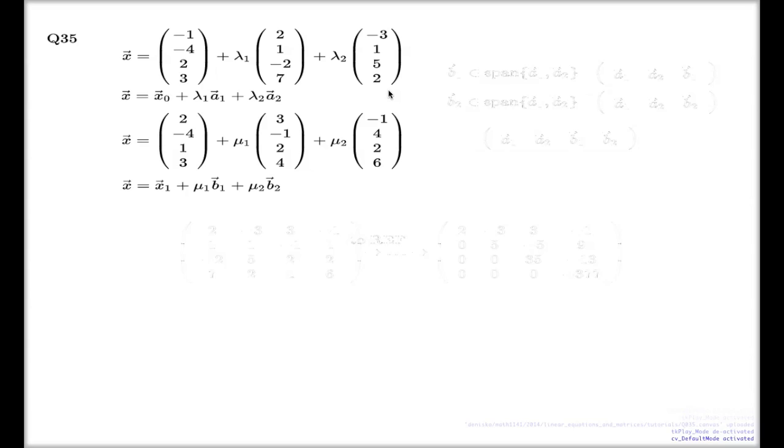I clearly remember I did this at least twice in class. And when we did so, the main test is this: we have to test that the vector b1 is in the span of a1 and a2. So b1 parallel to a1 and a2, b1 in the span of a1 and a2, and b2 in the span of a1 and a2. These two tests together are your test for two planes being parallel.